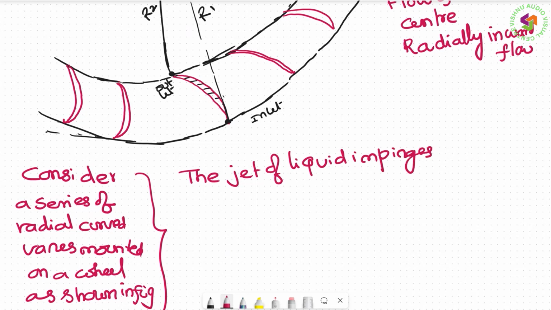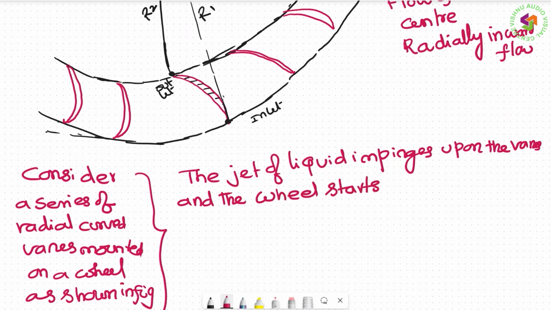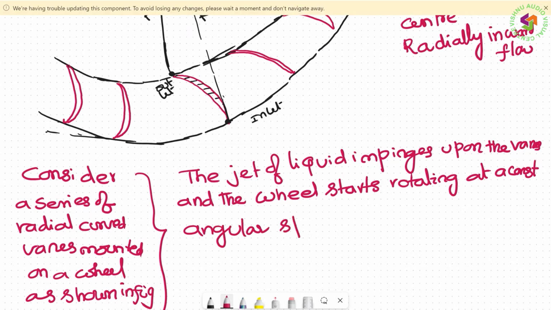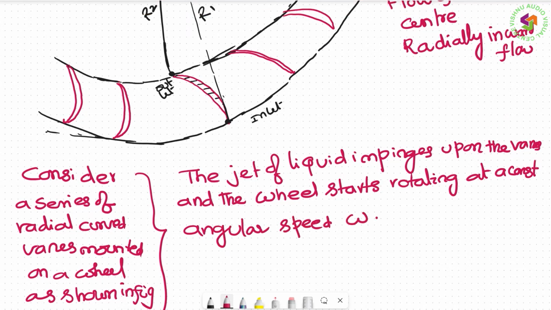Impinges means strikes upon the vanes, and the wheel starts rotating at a constant angular speed omega. This we have taken as omega.